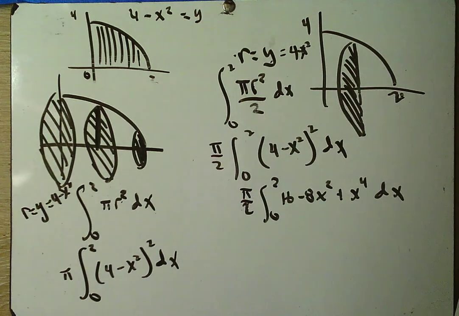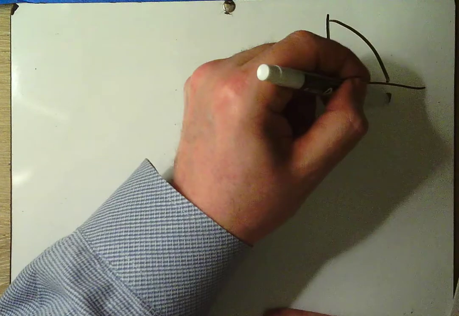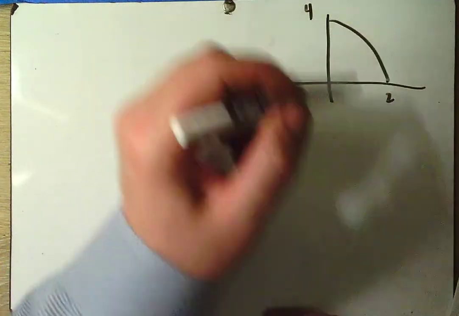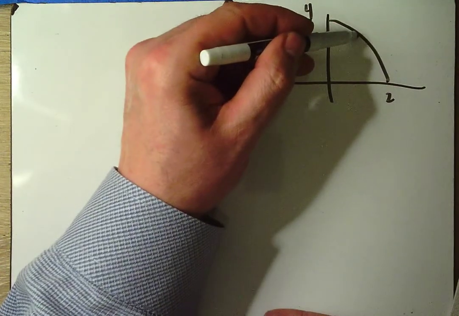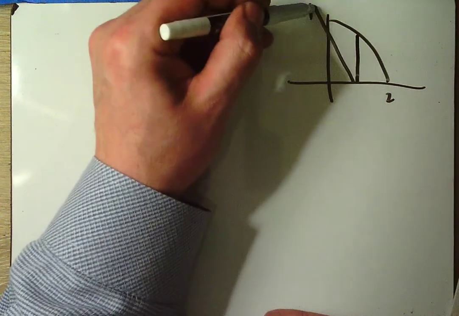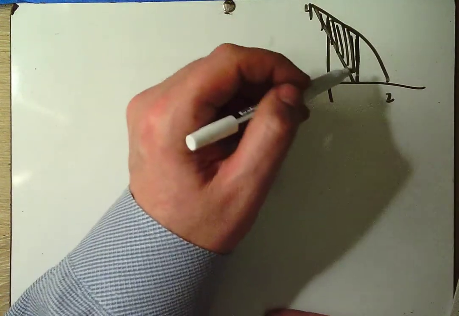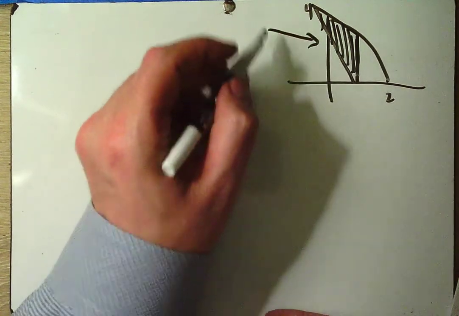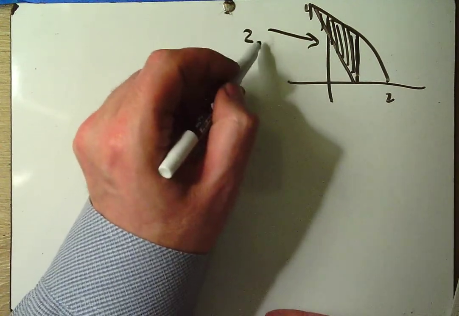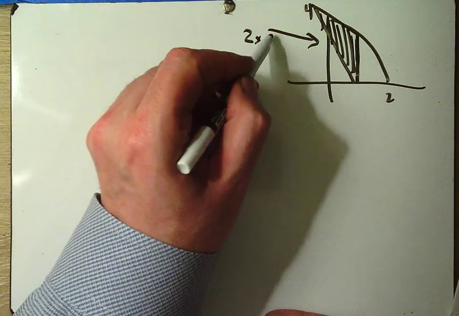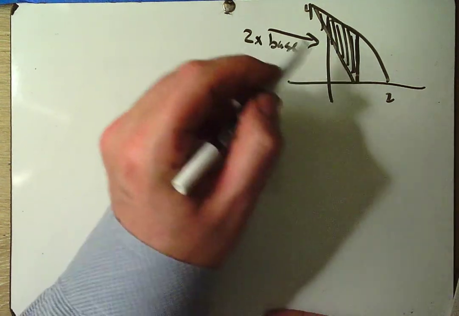Okay. We could look at some triangles. That might be good. How about we have our region, and this time we make a right triangle whose height is 2 times the base length.